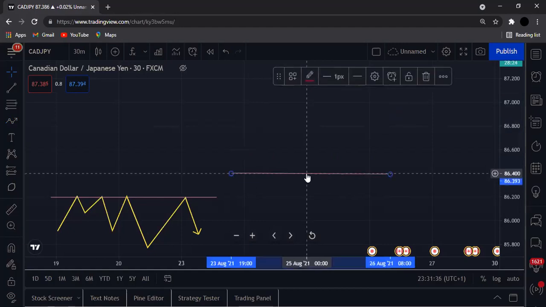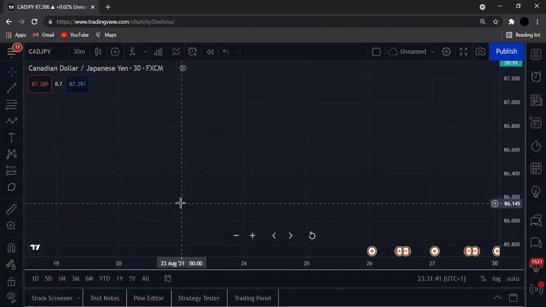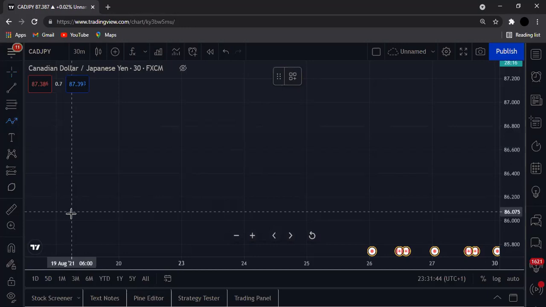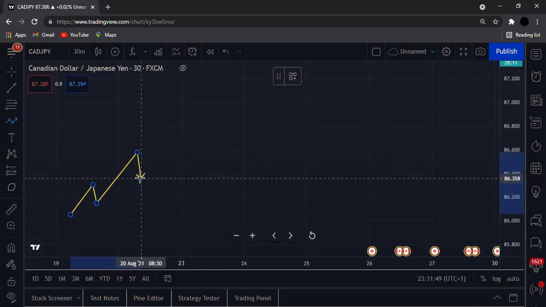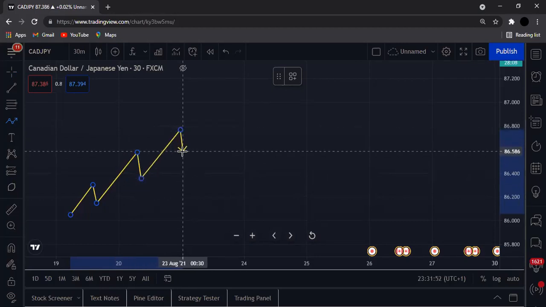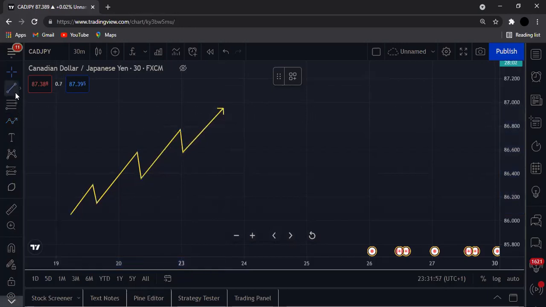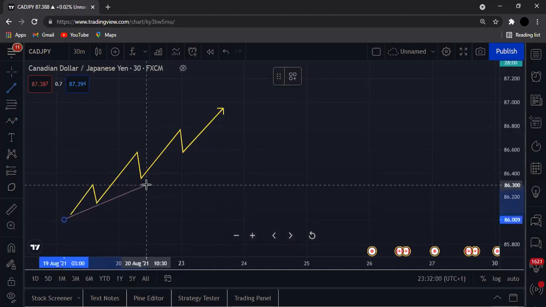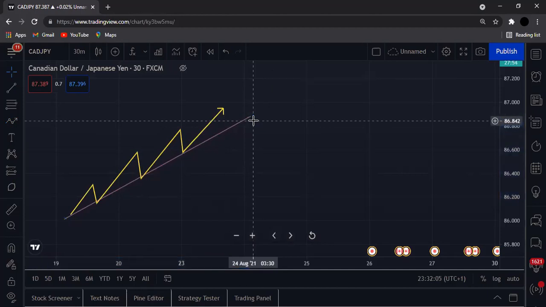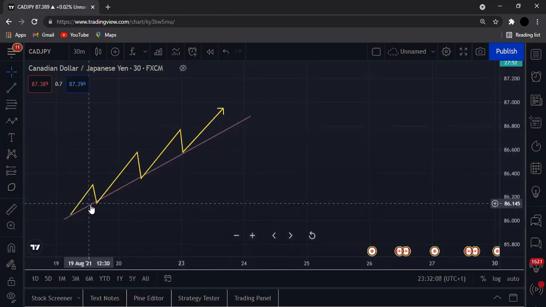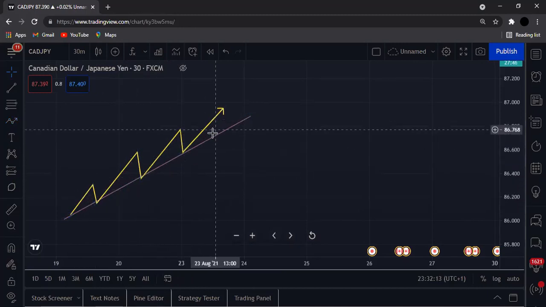We can have them in a slanting form, like something like this. You can have something like this. It's still finding it hard to break beyond this region. It's still falling on the same line.